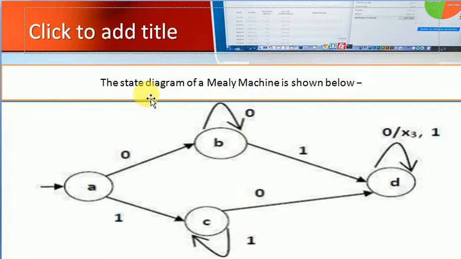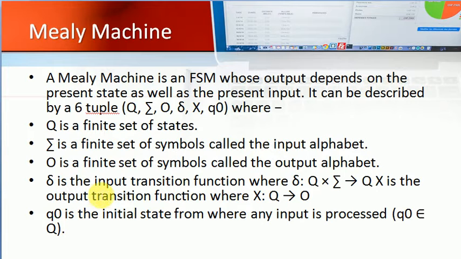Here we will understand by the example. Firstly, we can see A. The arrow going into A means this state is the starting state, which is denoted by q0.